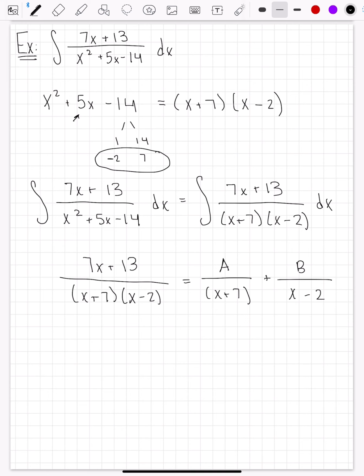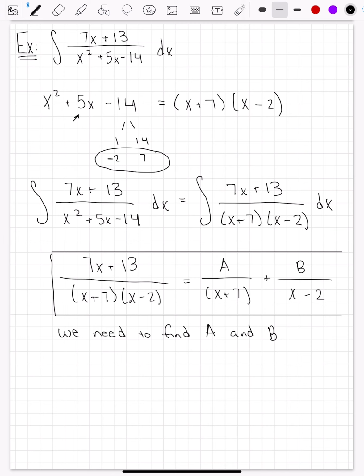So we need to find capital A and capital B. But this is an equation, and when we do find our capital A and our capital B, we want this equation to be true. So we can actually use this equation to solve for capital A and capital B.